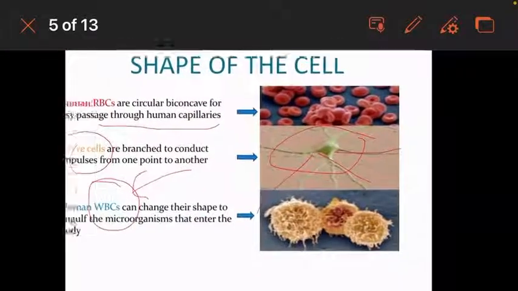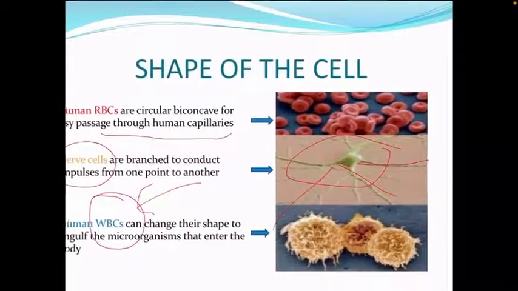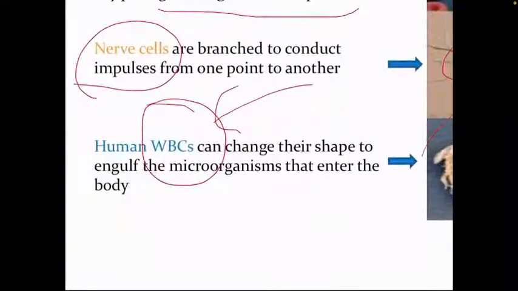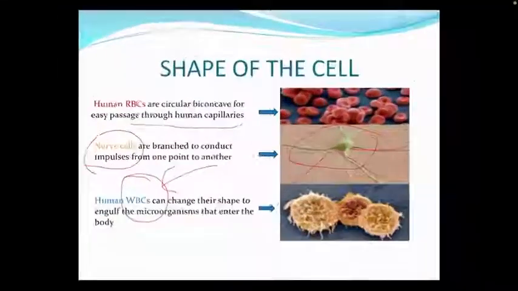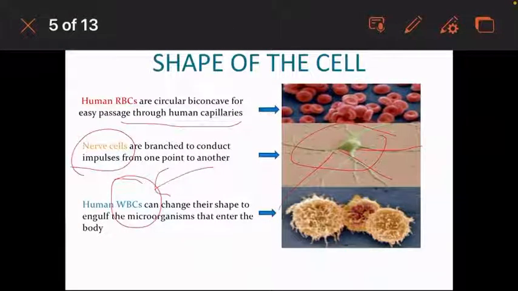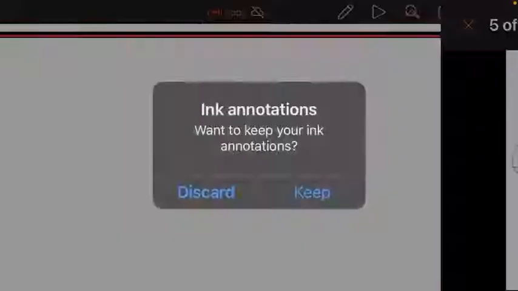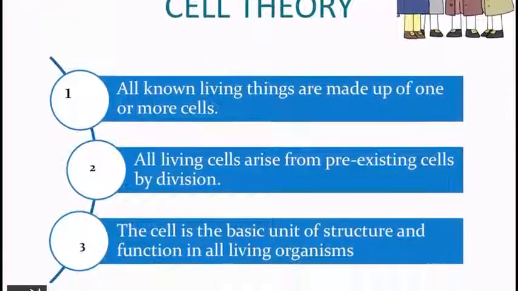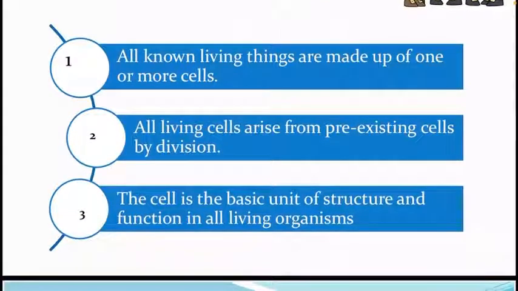Okay. Now if we talk about the cell theory, what is cell theory basically? You must have read about cell theory also. Cell theory is basically investigations carried out by many scientists together, like Theodor Schwann, Schleiden, and Rudolf Virchow.